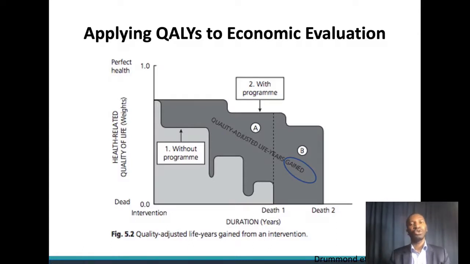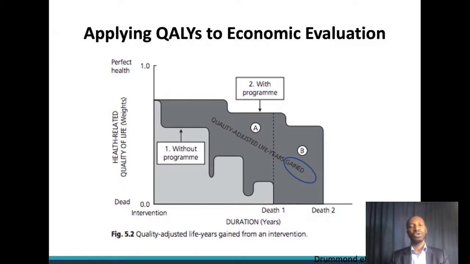The outcomes are assumed to occur with certainty in this figure. So without the intervention, the individual's health-related quality of life would deteriorate according to the lower curve, and then the person would die at time death 1. Now, with the intervention, the individual's health-related quality of life would deteriorate much more slowly, and the person would die at time death 2.